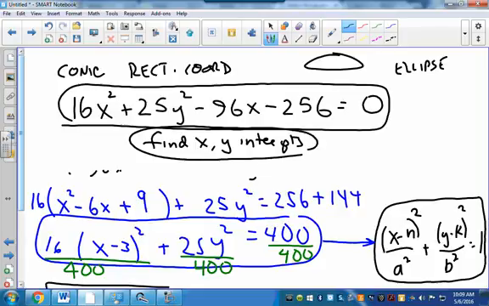See if you can find the x intercepts pretty quickly on this equation. Remember how to find x-intercepts. Just make y 0. That goes away. And then solve that equation. You'll get two numbers. They're nice integers. See if you can do that.